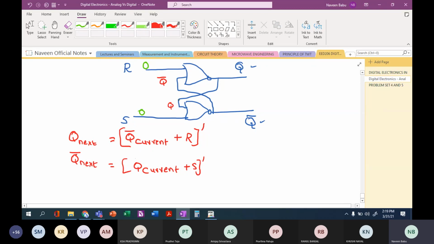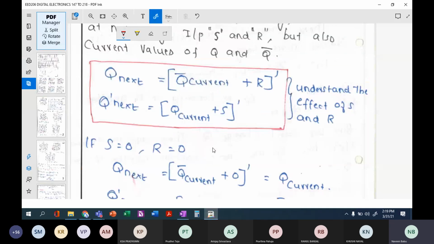Your Q and Q bar value will be the current values here. So when this is 0, what will be your output? It will be the same value, right? Because if you recall the NOR gate expression, it is 0 plus Q bar current, and its NOT will become Q bar current only, right?